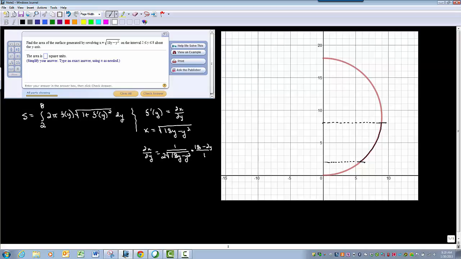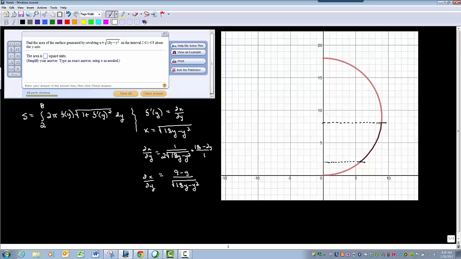So I can factor out a 2 here, and I'll have dx/dy equal to 9 minus y over the square root of 18y minus y squared. That's how x changes with respect to the y variable.